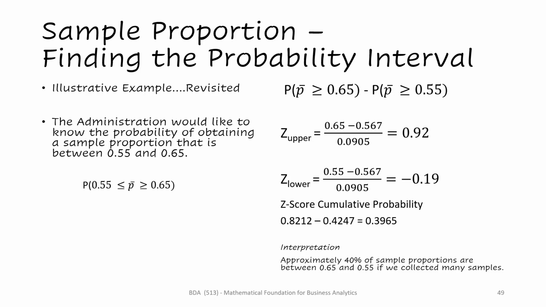So we go to our cumulative z-score table and pick out the probabilities from there, and we find a difference that gives us 0.3956. So the interpretation is that approximately 40% of sample proportions are between 0.65 and 0.55 if we collected many samples.